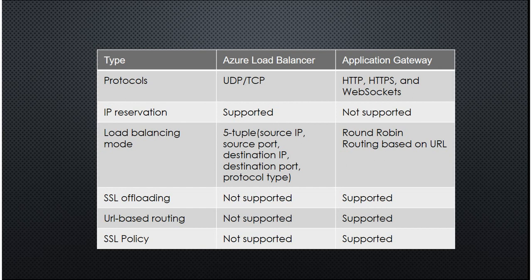SSL offloading, also called SSL termination, does not happen in an Azure load balancer. You can't do that, it is only supported by the application gateway. Those are a few differences. The API gateway is named application gateway in Azure, but it's the same product, versus the basic load balancer.